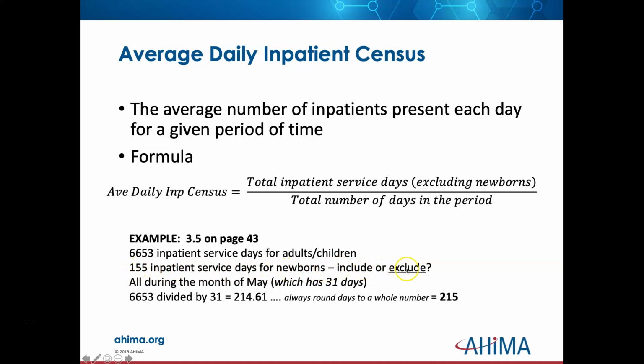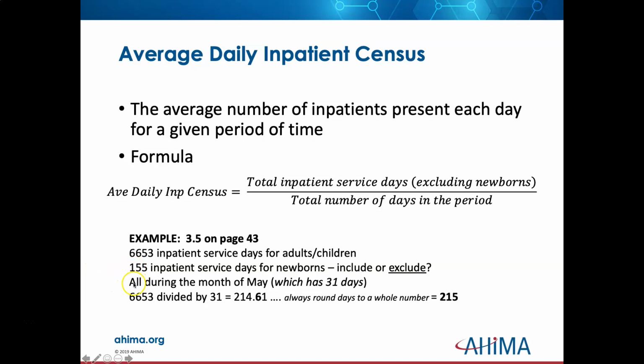So do you include or exclude? Are you calculating newborns? What does your formula say? You're excluding them. So immediately you can mentally draw a big, thick black line through this and say, I don't have to consider this piece of information. It's in the problem to distract me, but I don't need it.